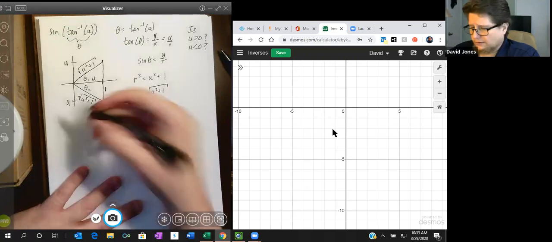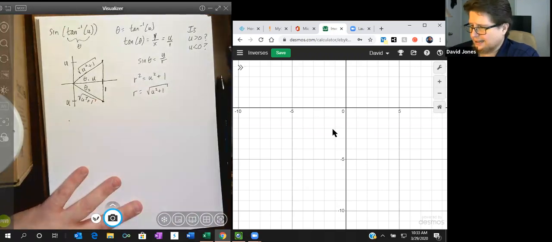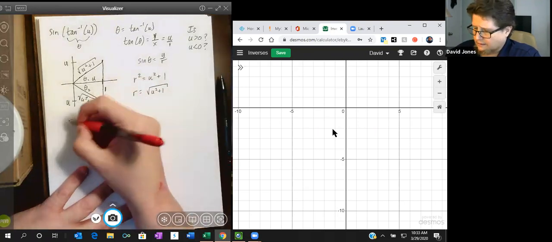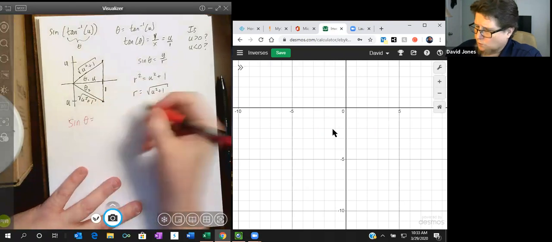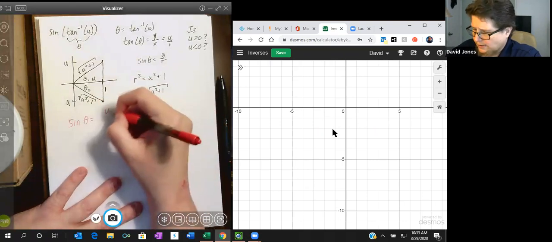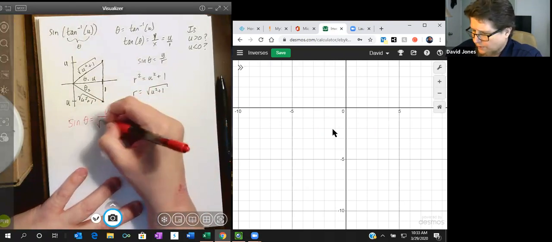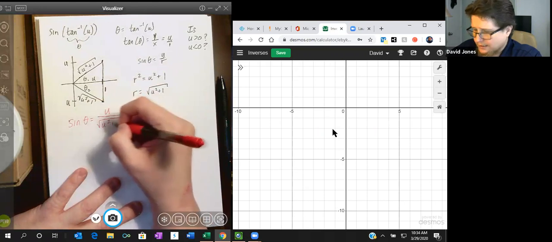So I have sine theta is y, which is u, over the square root of u squared plus 1.